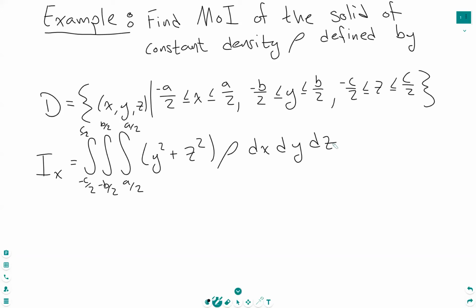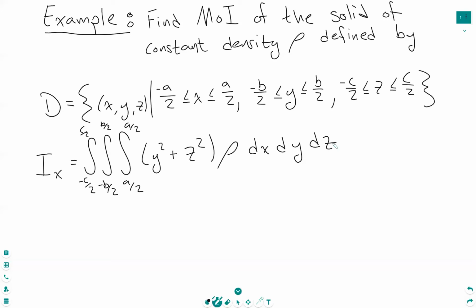So there's a few things we can take advantage of that make our jobs a little bit easier. First things first, I'm not going to calculate Iy or Iz. They're not all going to give us the same thing, but what they all have is symmetry about them.